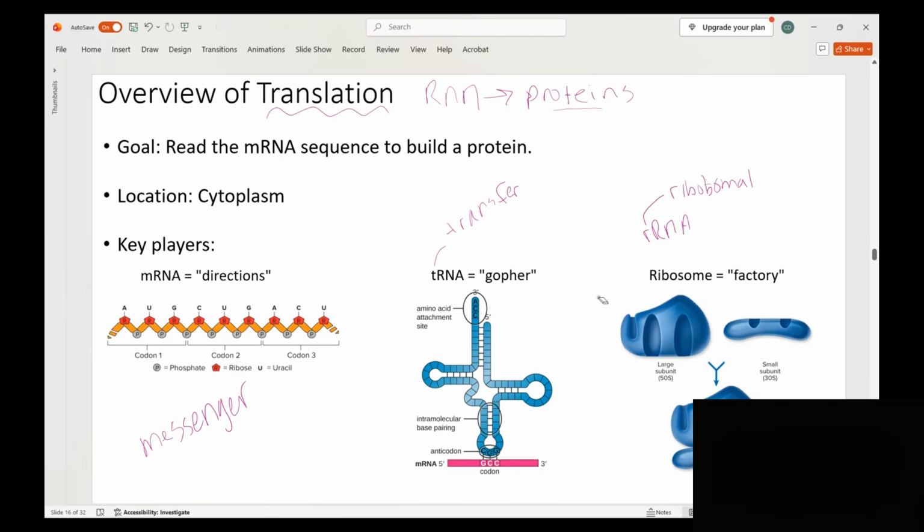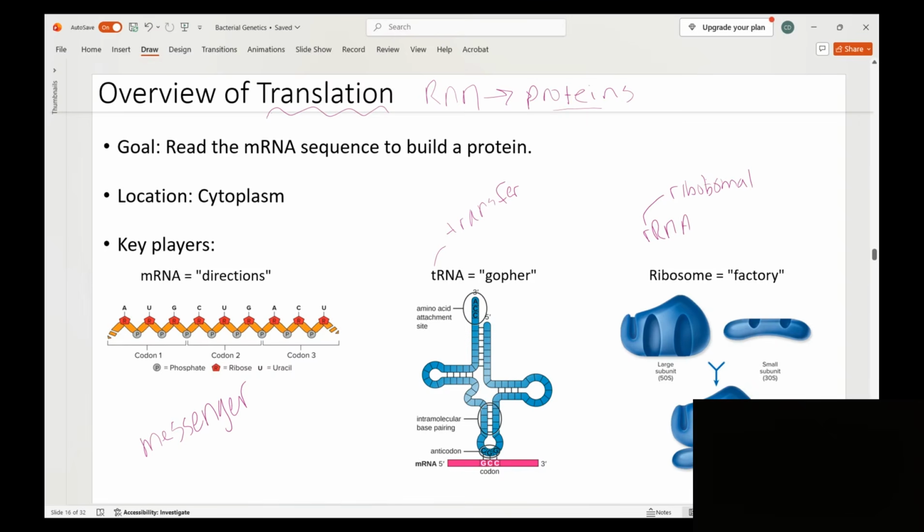So what we made in transcription is coming back to help us in translation. Now, the other thing I want to point out to you is this need of a translation device. How are we going from messenger RNA, made up of nucleotides, to a protein made up of over 20 different amino acids?